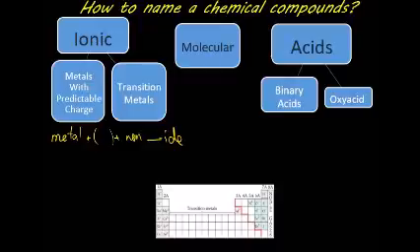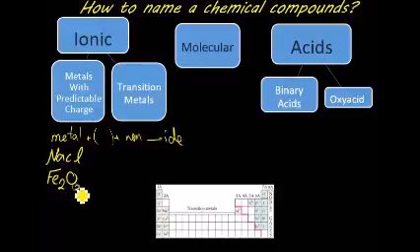So in ionic compounds, we care about the charges. So if the metal has a predictable charge, we're not going to say it. If the metal has more than one charge, then we have to specify the charges and end the name with IDE. All right. What about naming NaCl and naming Fe2O3?